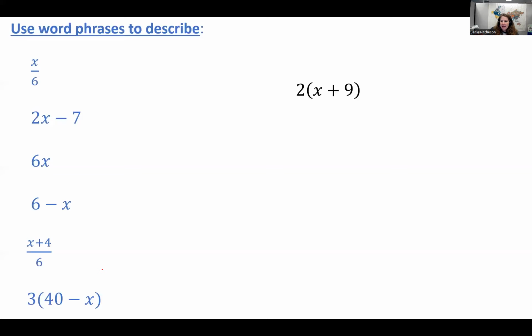Twice the quantity of x plus 9. The quotient of 4 and a number increased by 2. Or twice x minus 9. Or you could say 9 less than 2 times a number. All right, so just some practice there.